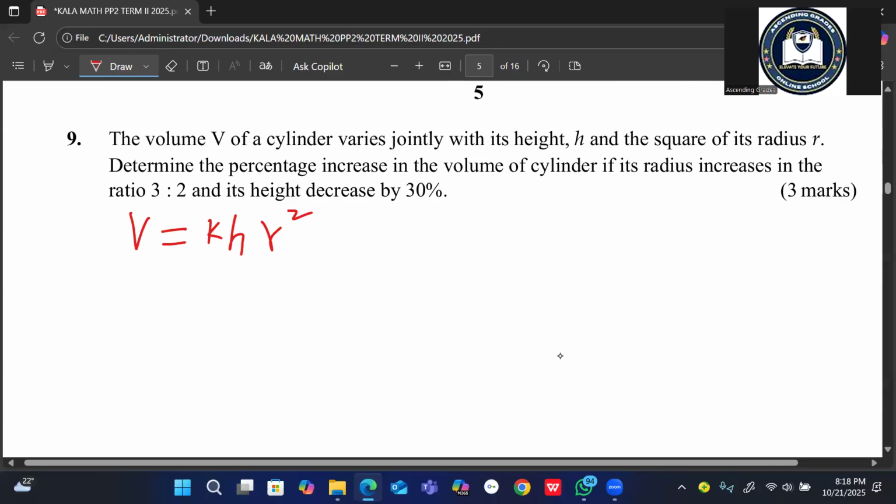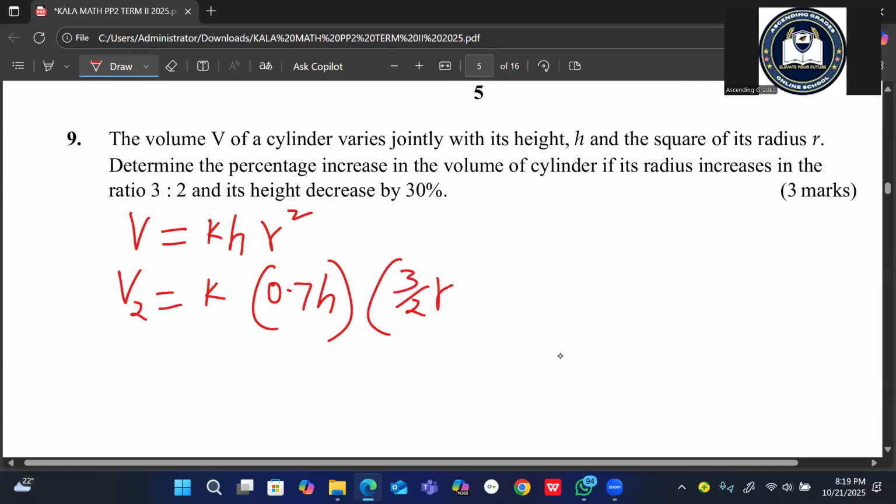So this one, the new volume V2 should be equal to K, then our height has decreased by 30%, so it is 100 minus 30, which gives you 0.7 h, and the radius increases in the ratio 3:2. So its radius is 3/2 r, both of them squared.